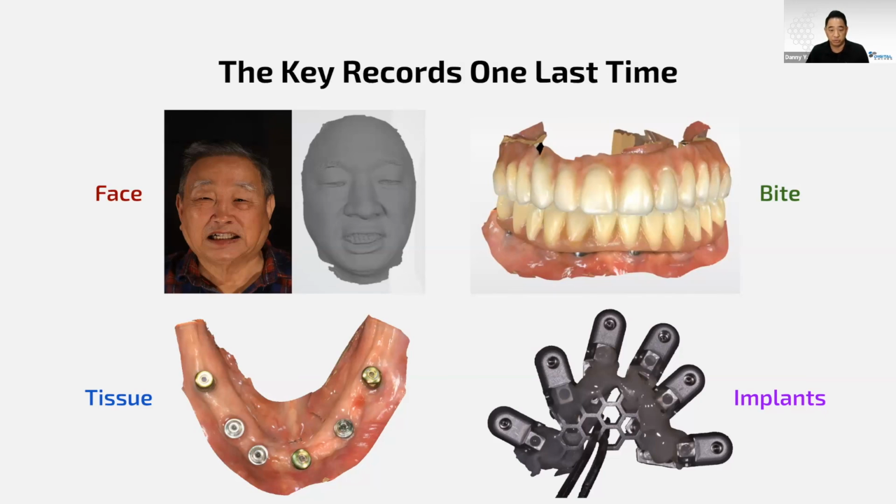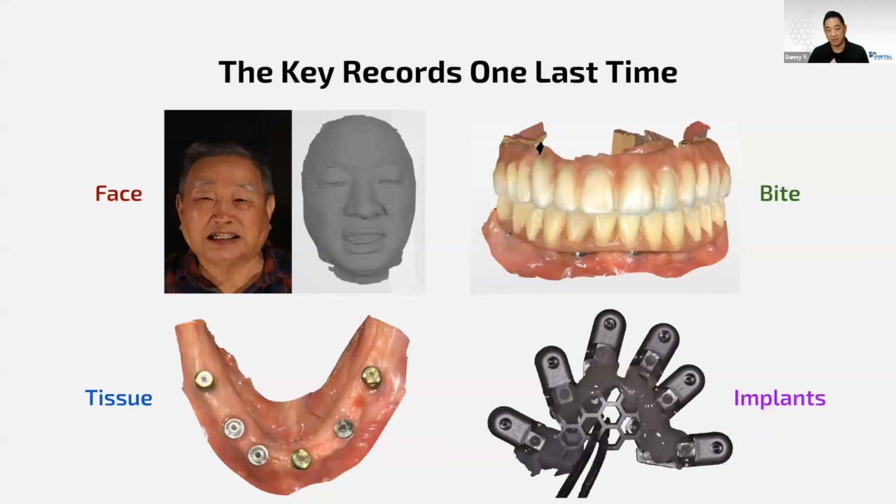Like some clinicians will use some composite on the tissue to make the tissue a little bit easier to align to the bite, right? There's all these different things that you can learn to help facilitate aligning this data together. And we've done the best we can with OPTISPLINT to give you extra tools in our kits to make sure that the alignment of these different records is as easy as possible and as efficient as possible for the labs that you're working with.